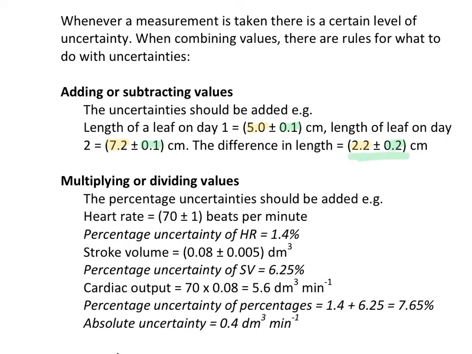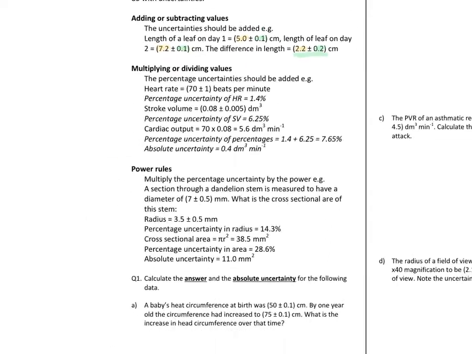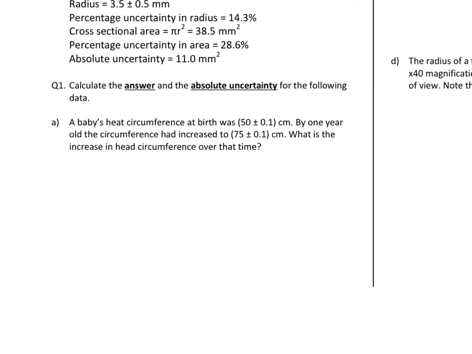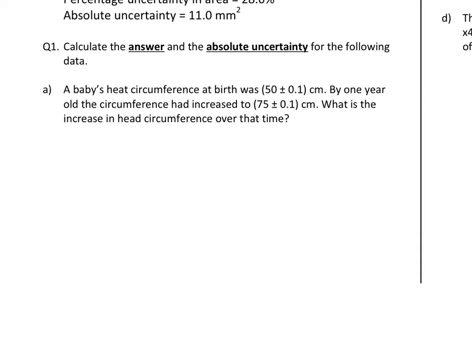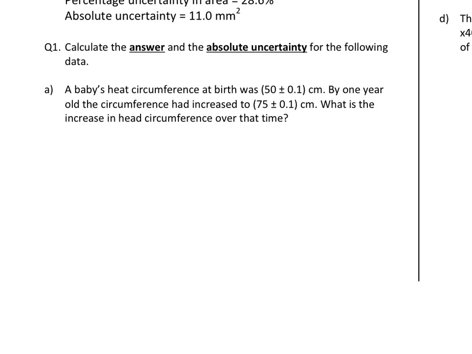Okay, so let's have a go at one. There's one here. It says the baby's head circumference at birth was 50 centimeters, plus or minus 0.1. By 1 year old, the circumference had increased to 75. What is the increase in the head circumference over that time?